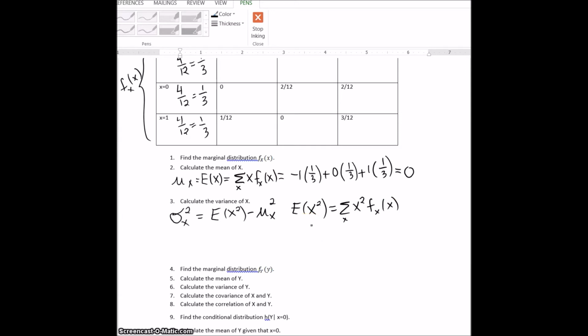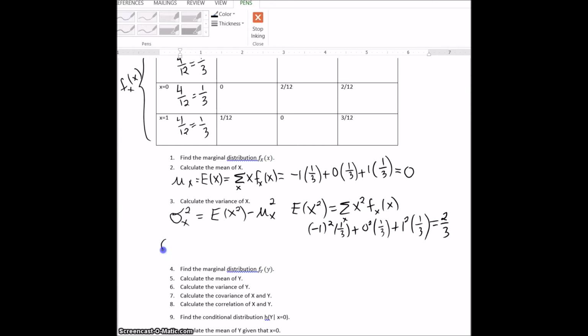So in this situation, I have -1 squared times 1/3 plus 0 squared times 1/3 plus 1 squared times 1/3, which gives me the expected value of x squared equals 2/3.